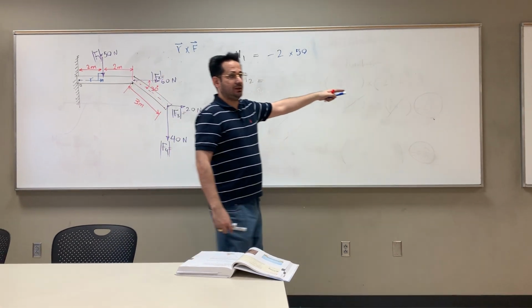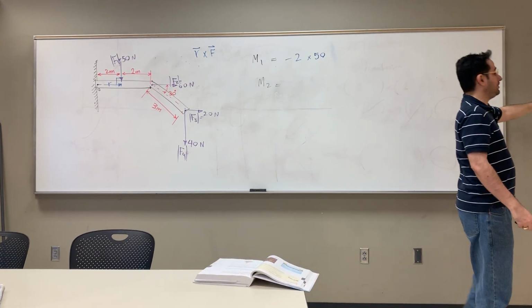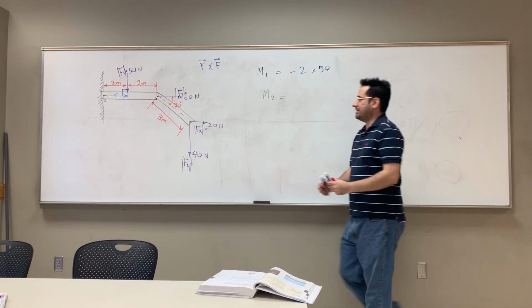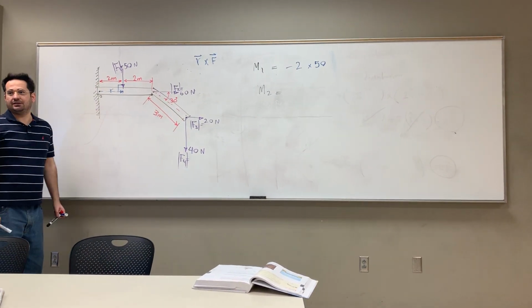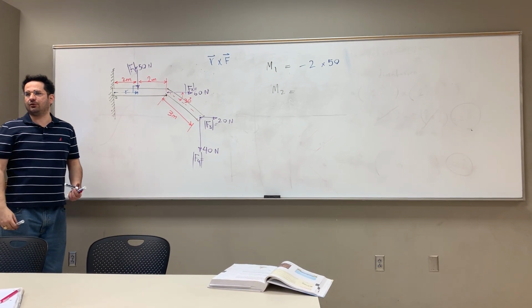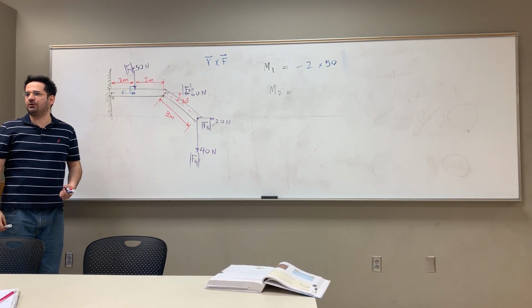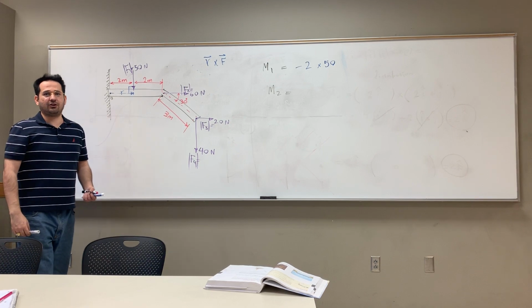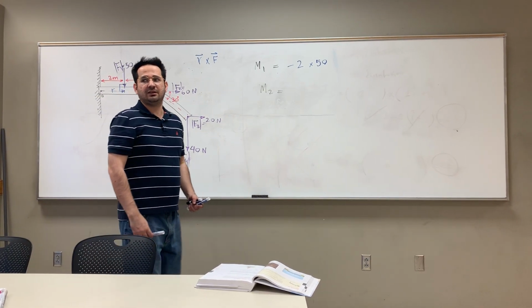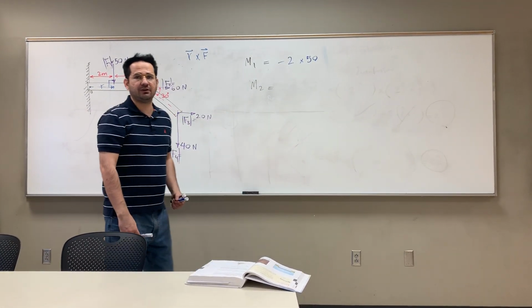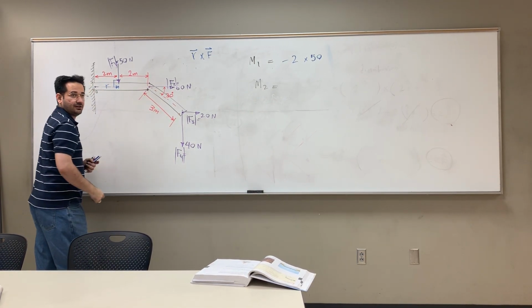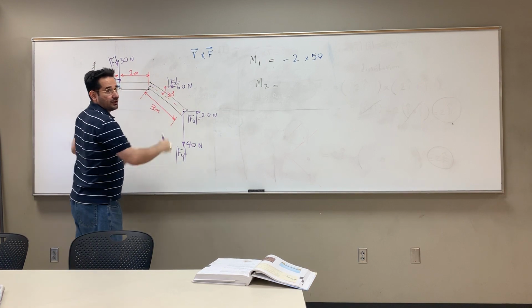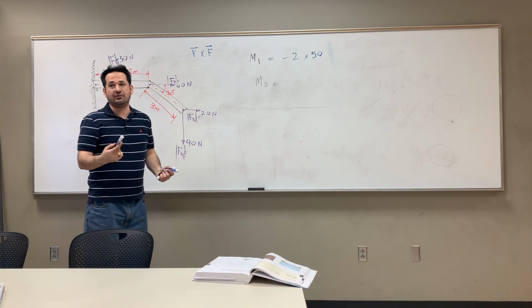And then move it such that it becomes perpendicular. But look here, if we move this guy, it's going to go through that point. What happens if you go through that point? The moment R becomes 0. So the cross product is 0. Another way is, what's the angle between R and F? 0. So the cross product, sine of 0, is 0.